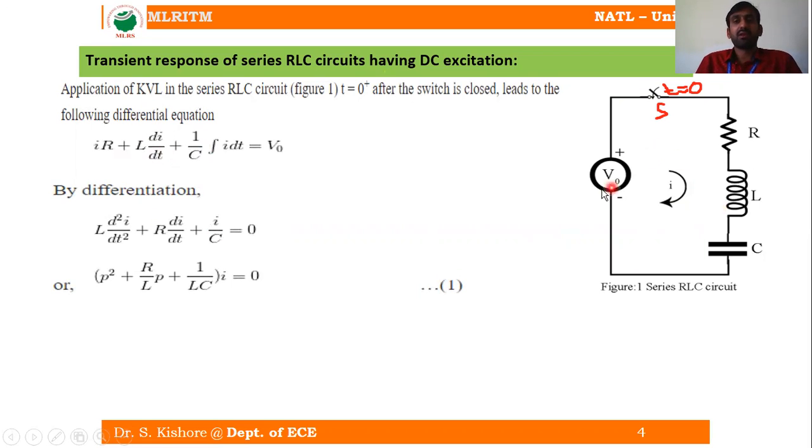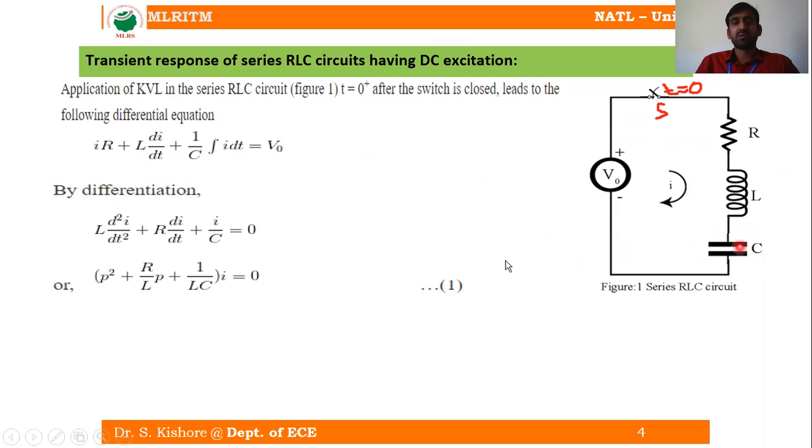So now applying this KVL to the circuit, we can see what the EMF acting across the loop is, which is nothing but V0 here. V0 is equal to the sum of the potential differences across the different elements. So what are the elements here? The resistance R, where the potential difference is I into R, because the current flowing through the circuit is I. The potential difference across the inductor is given by L di by dt, right?